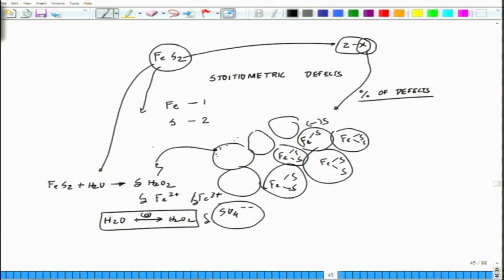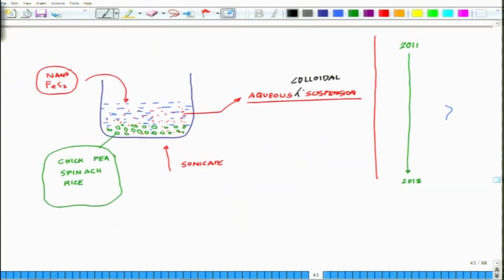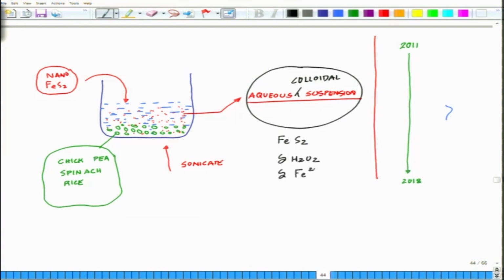So in other words, when we talk about a mixture like this, or a colloidal suspension like this, your predominant compound is FeS2 plus a very trace amount of H2O2, a very trace amount of Fe2+, a very trace amount of Fe3+, and a very trace amount of SO4 minus, and there are protons which are present, and such suspensions are slightly acidic.